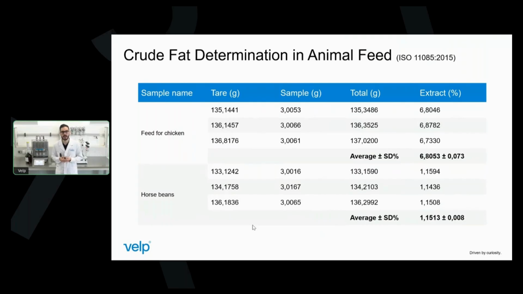As you can see, the extracted matter for both the matrices is really reliable. We have a low standard deviation with both the sample matrices, and for both the extraction has taken place in a good and reliable way.